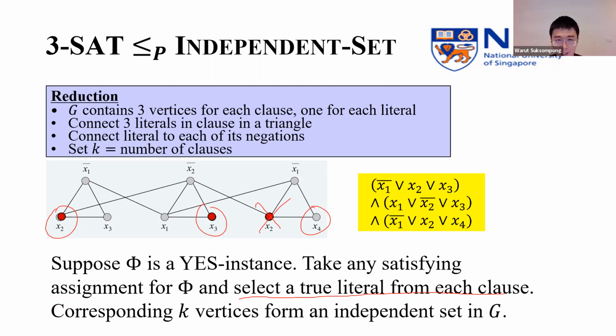In the step of constructing this independent set, from each triangle, from each class, you just select one literal that is set to true. So in the third class, if x2 and x4 are both true, then you just select one of these two vertices. I see. Okay, thank you.